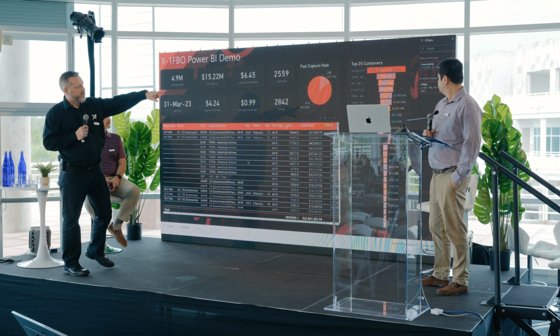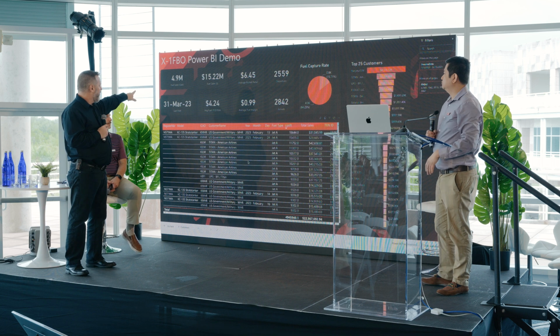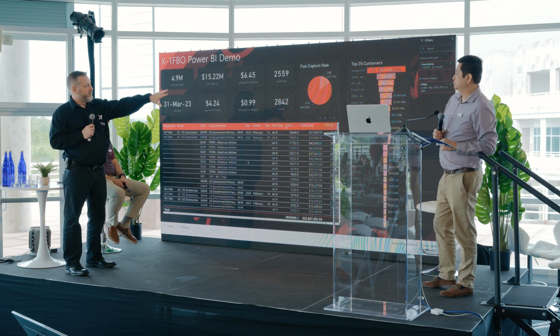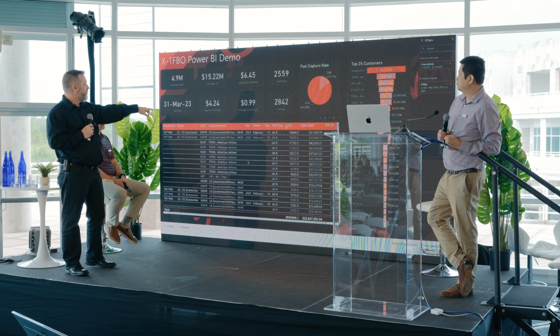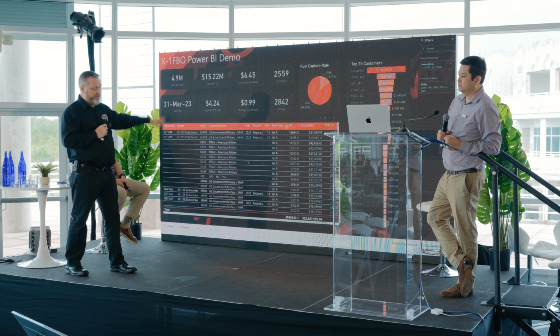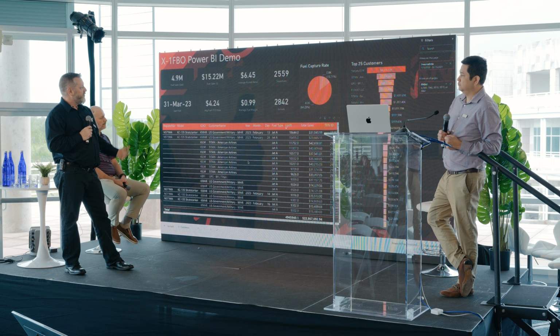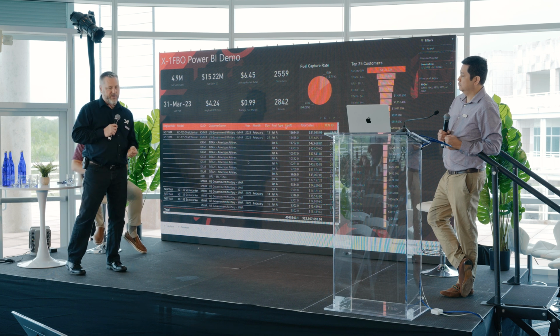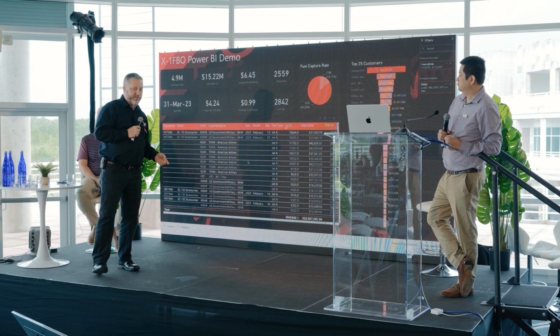During this quarter is how we have this set up. These FBOs, 5 locations we made up, sold 4.9 million gallons of fuel, 22 million in revenue. Our average posted price during that period was $6.45. We had 2,559 departures. We had 2,842 arrivals.